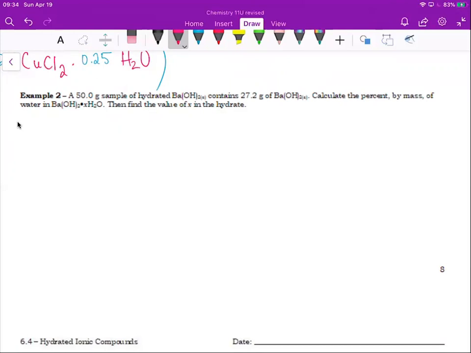Okay, so we have some numbers. We have 50 grams is barium hydroxide, whatever hydrate. We have 27.2 grams, which is barium hydroxide.